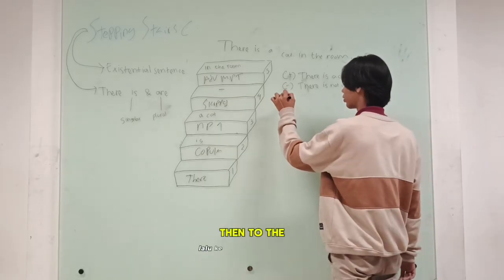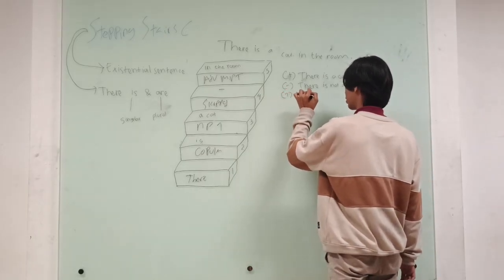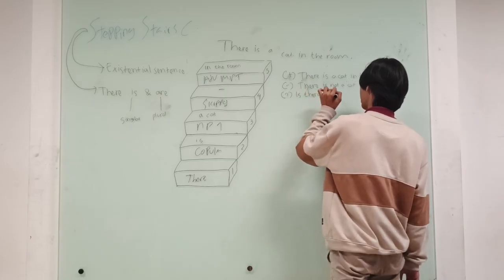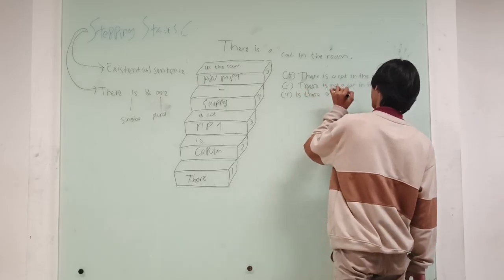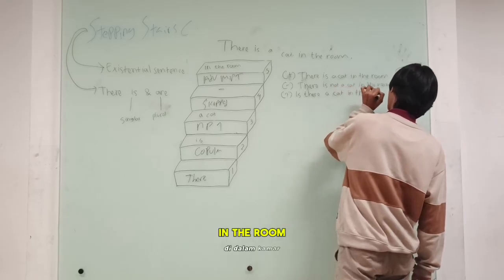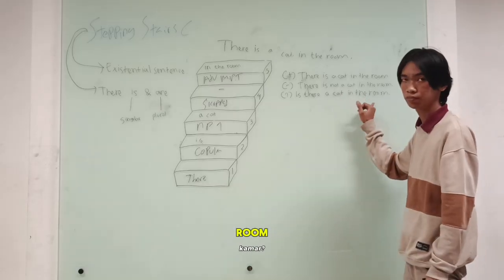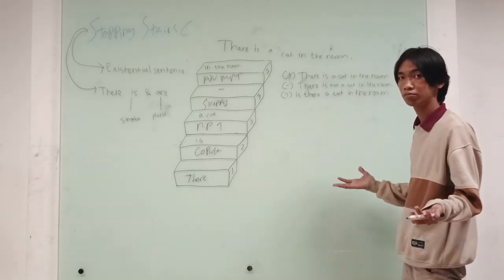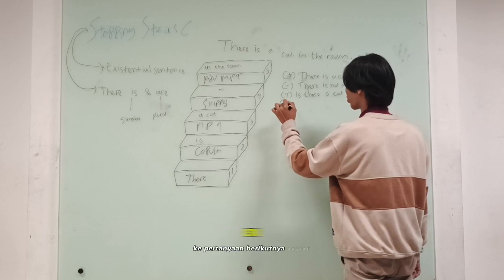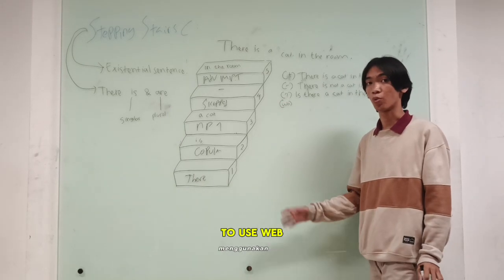And then the interrogative question: is there a cat in the room? Is there a cat in the room? Okay, the next question is the WH question. In the WH question, we're going to use "where."